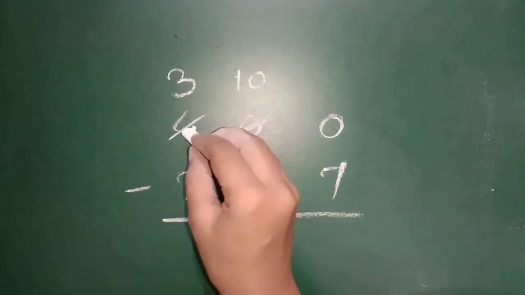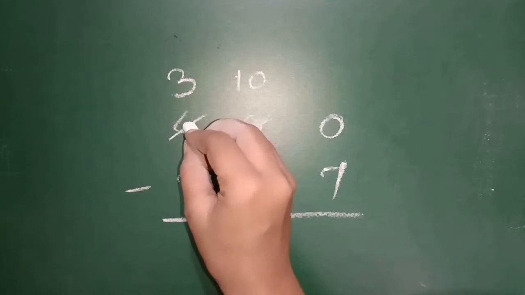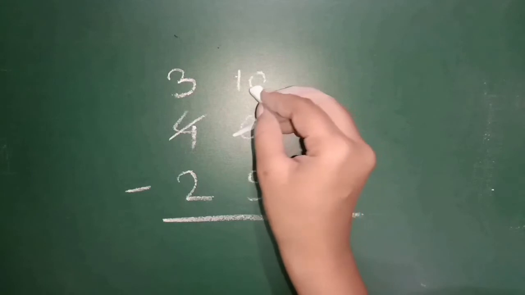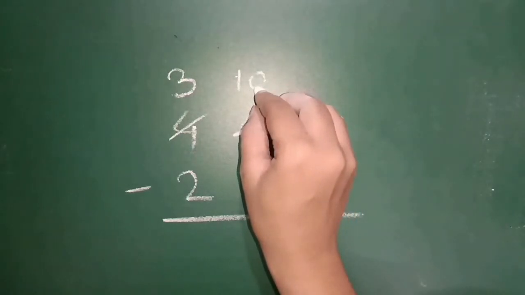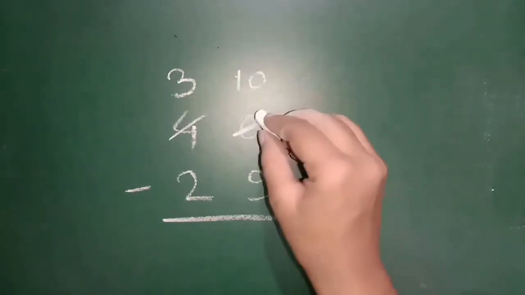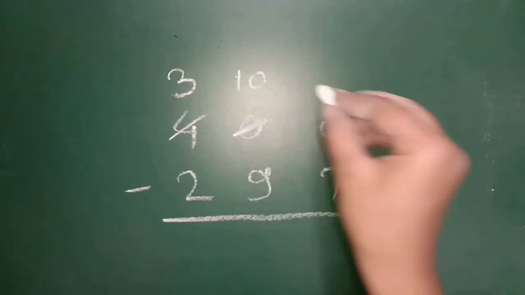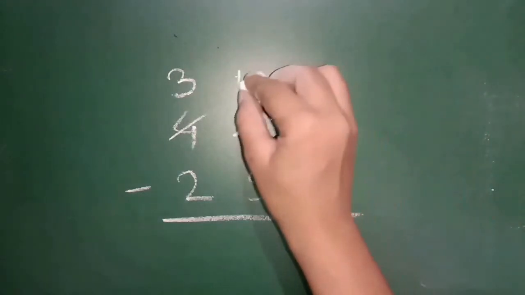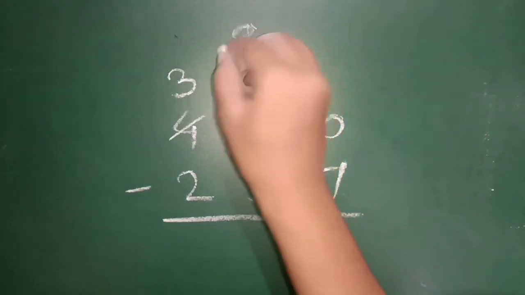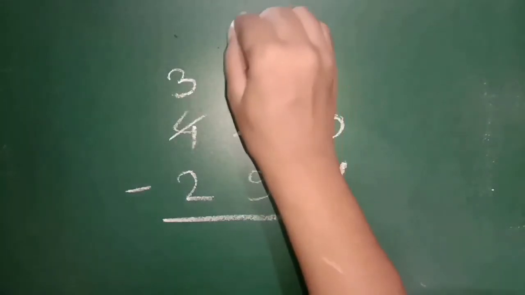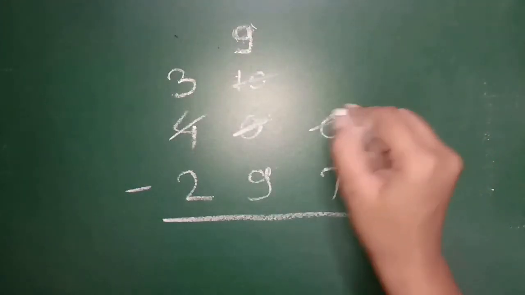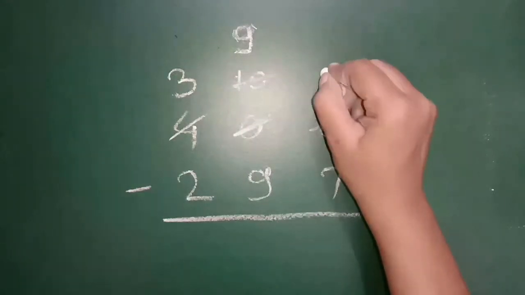Now student, we can borrow from tens place. Okay. So cut this 10 and write 9 here. Okay. Why? Because we borrow 1 ten from tens place and write here 10.